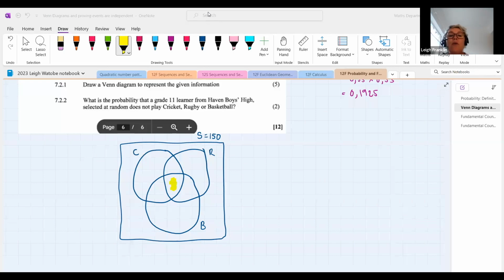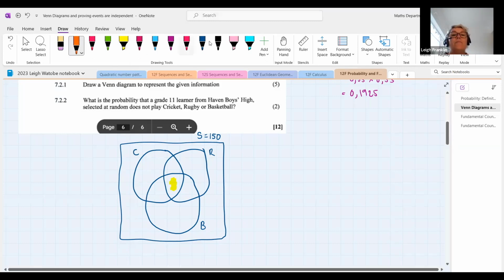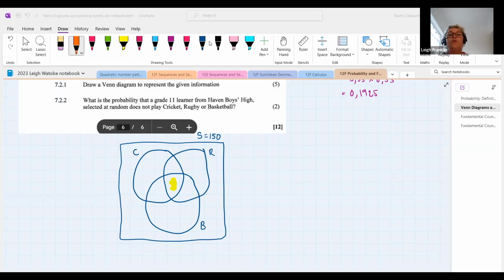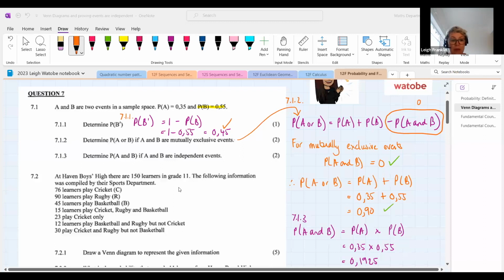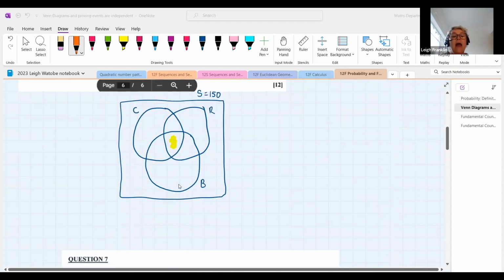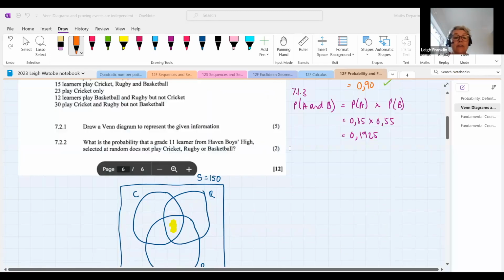When we say all 3, do we use the word and, or the word or? And. Good, Gugu. So this bit that's yellow in the middle is cricket and rugby and basketball. These are learners that play all three. So that's the word and.